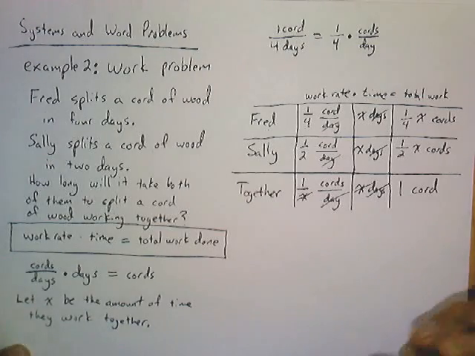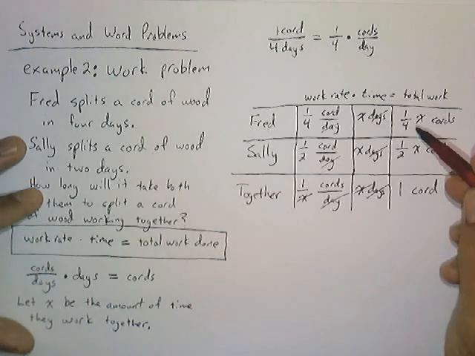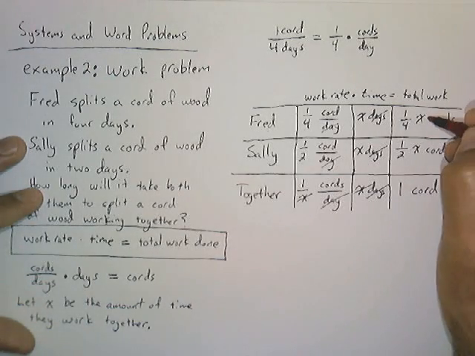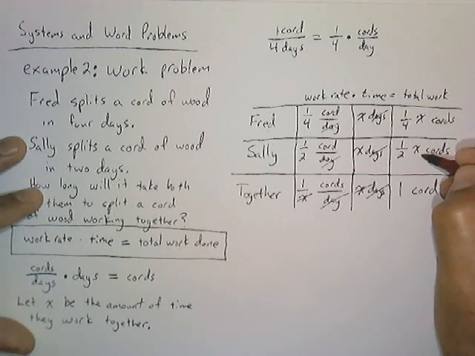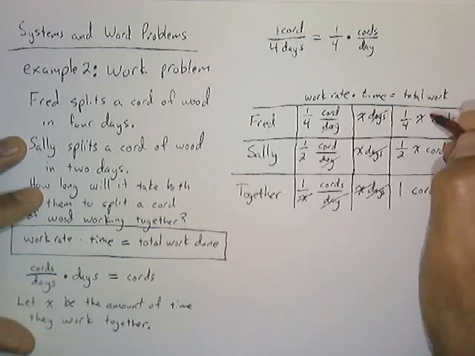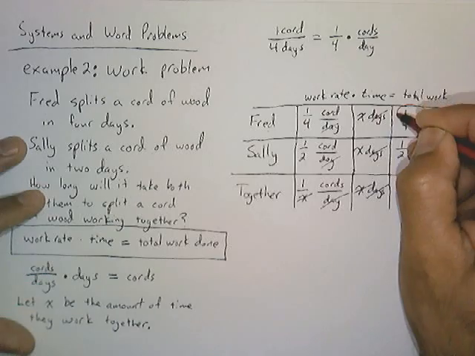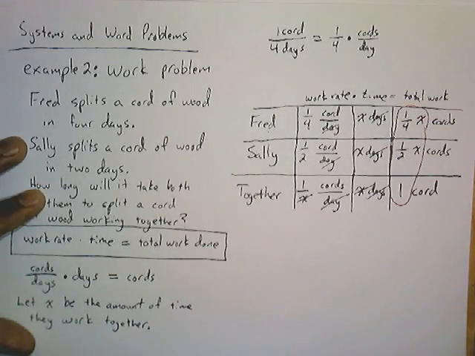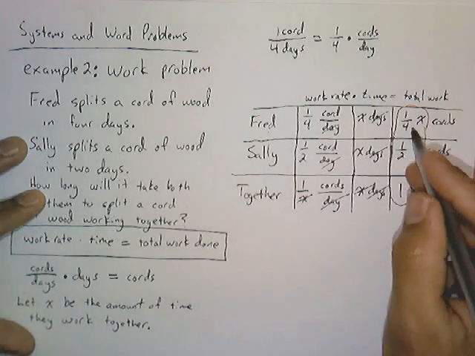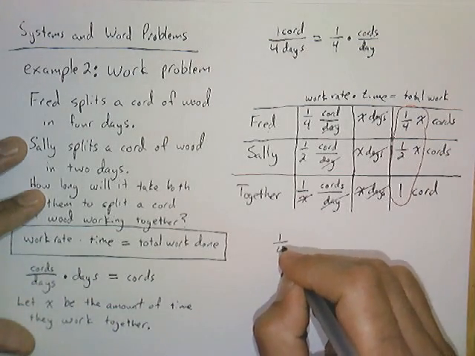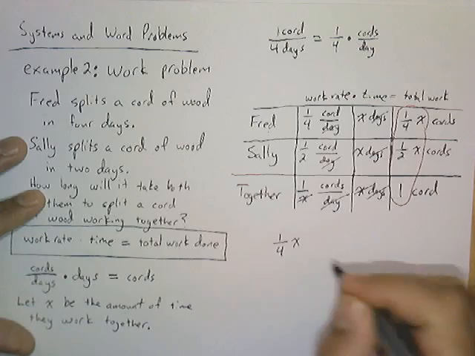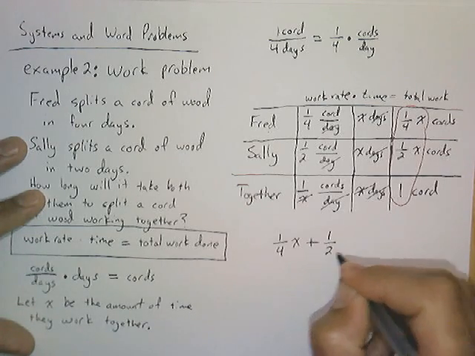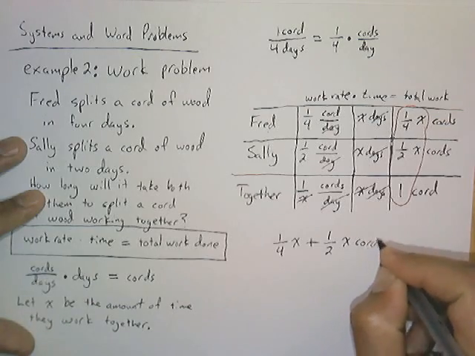And now we see in this last column an actual equation here. Because the total work that Fred does plus the total work that Sally does is going to be the total work that they do together. So Fred does 1/4 X cord of wood plus Sally splits 1/2 X cord of wood.